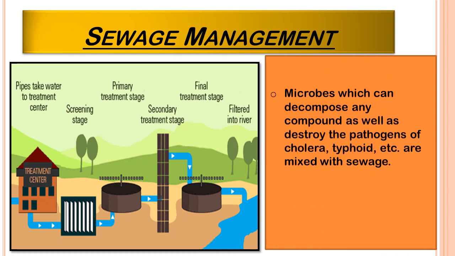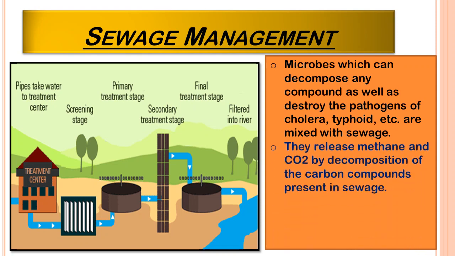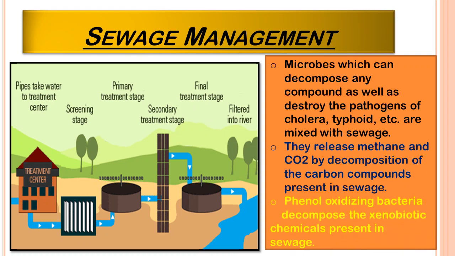Microorganisms which can decompose any compound as well as destroy the pathogens of cholera, typhoid, etc. are mixed with the sewage, and they release methane and carbon dioxide by decomposition of the carbon compounds present in the sewage. And phenol oxidizing bacteria decompose the xenobiotic chemicals present in the sewage.